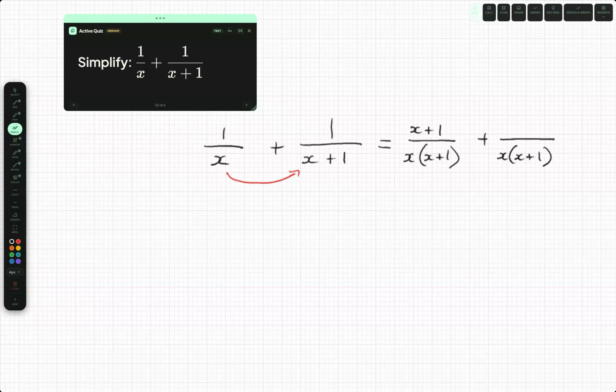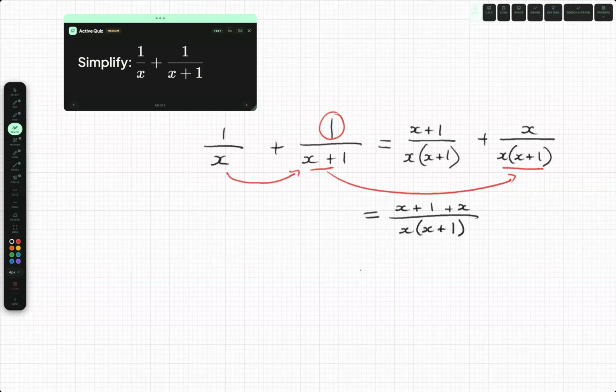And to get x plus 1 to be the x times x plus 1 that we have here, I've multiplied it by x, which means I have to take the value up the top and also multiply it by x. And 1 times x is equal to x. Now that we have two algebraic fractions sharing the same common denominator, we can simply perform the operation: x plus 1 plus x, all over x times x plus 1.